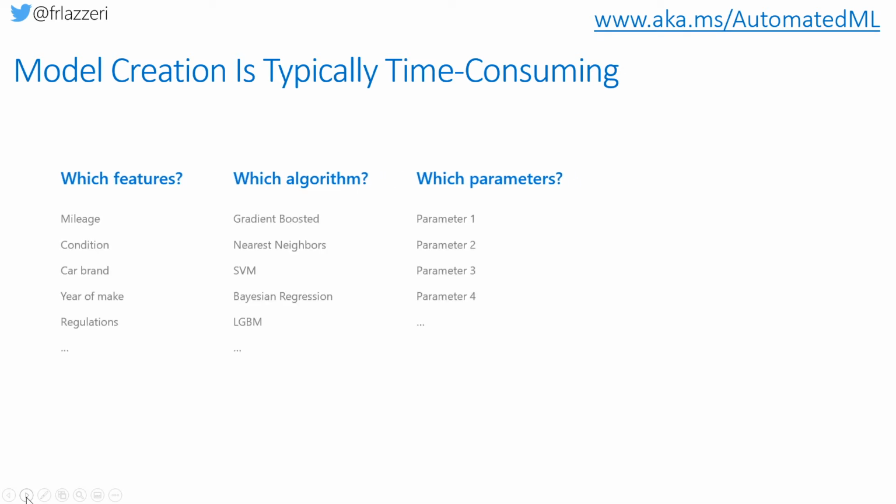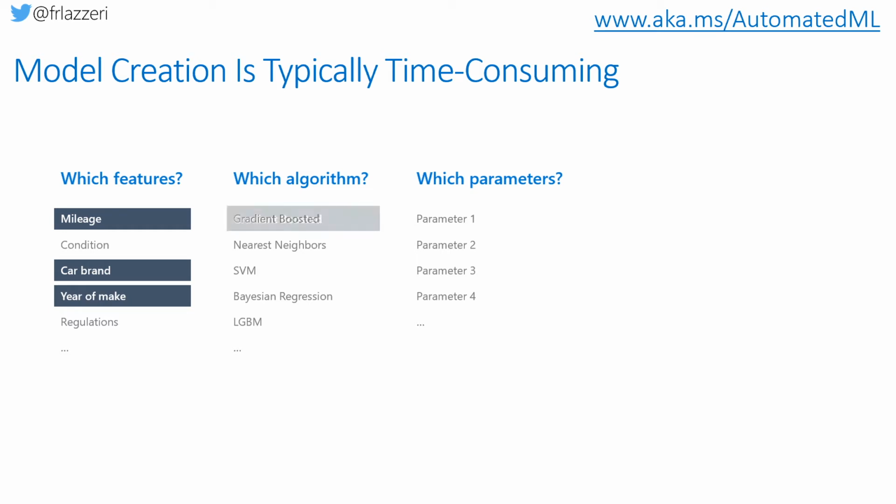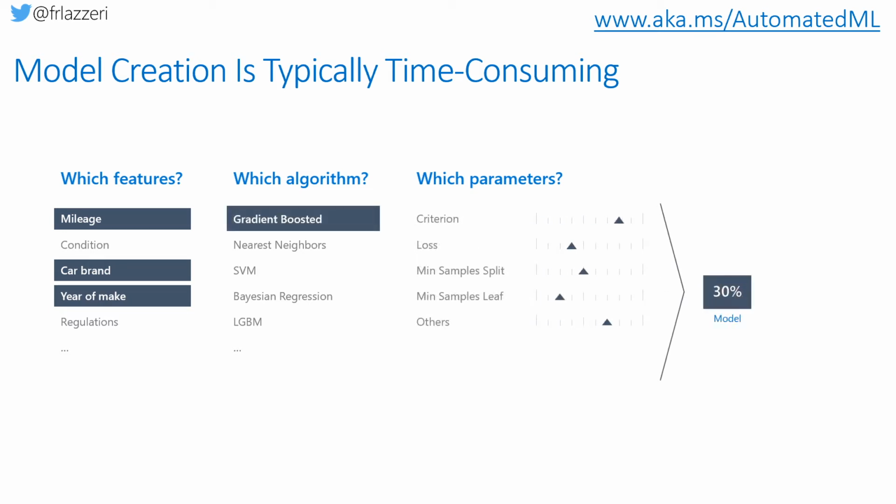They start by looking at different features such as car brand, mileage, and year of make, and then gradient boosters, or different types of parameters. And let's say that the first model that they get is a model with an accuracy of 30%.